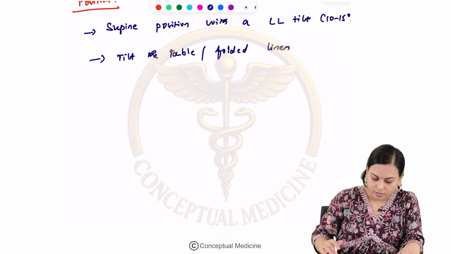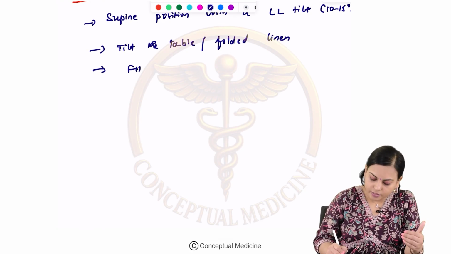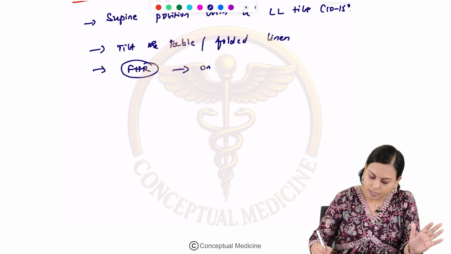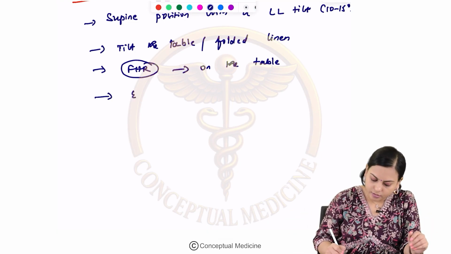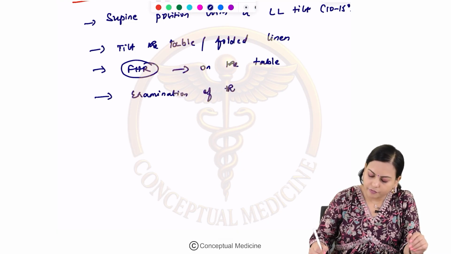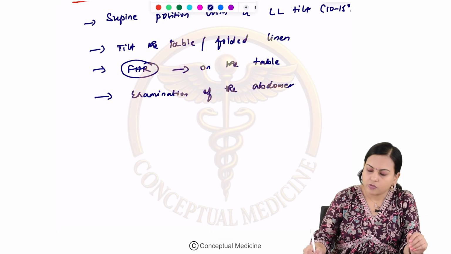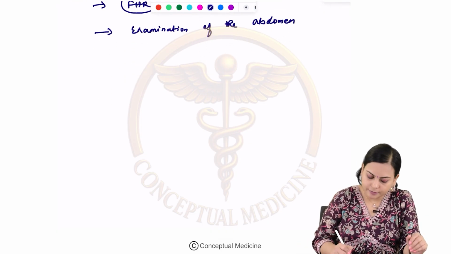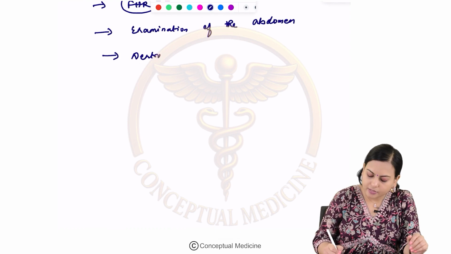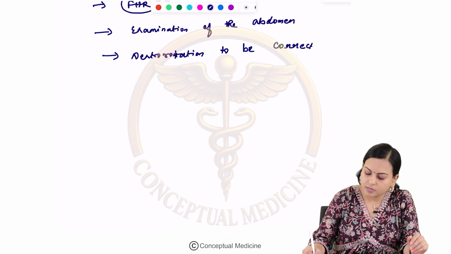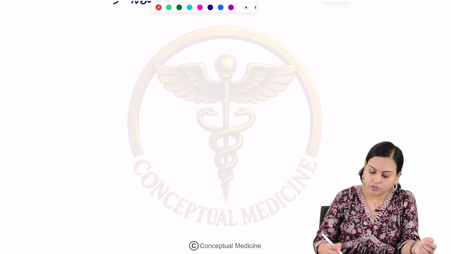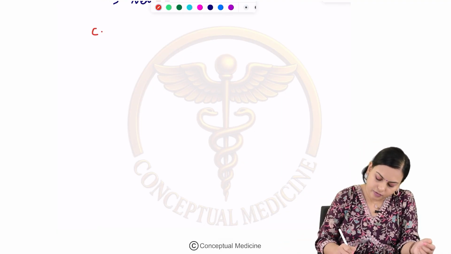Another important thing is that the fetal heart rate should be checked on the table once before commencing surgery. You have to examine the abdomen before giving the incision to know the presentation and lie of the fetus. If there is any dextrorotation, that has to be corrected. So, these are the steps you have to know. Clear?